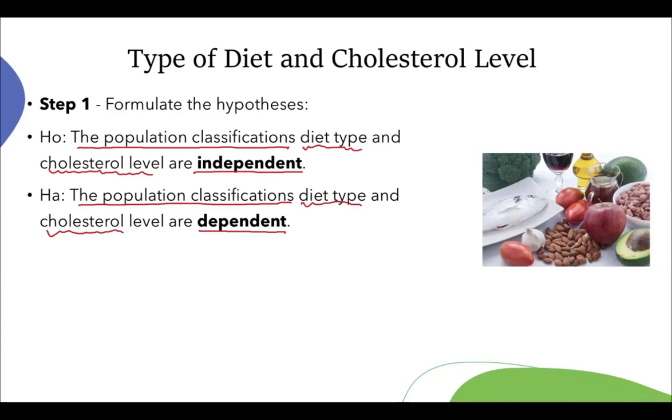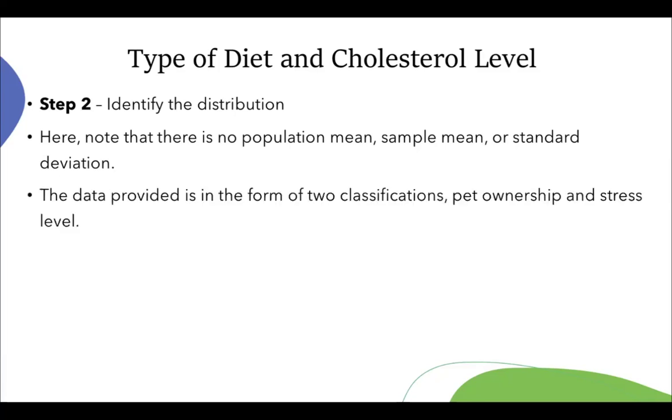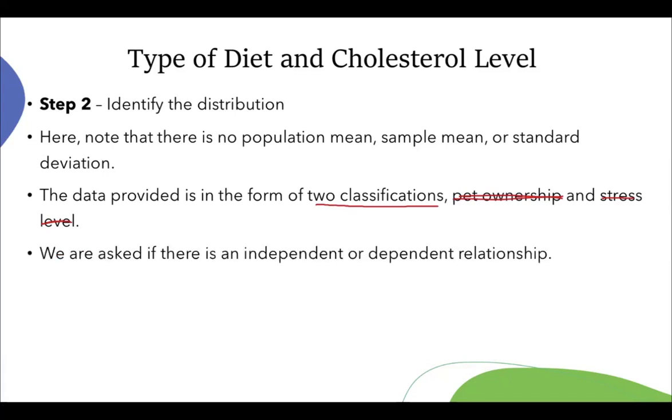Next, you're going to decide on the distribution. There's no population mean, no sample mean, no standard deviation. The data provides you with two classifications. Oops, I don't mean to say pet ownership and stress level. Let's fix that. That is type of diet and cholesterol level.